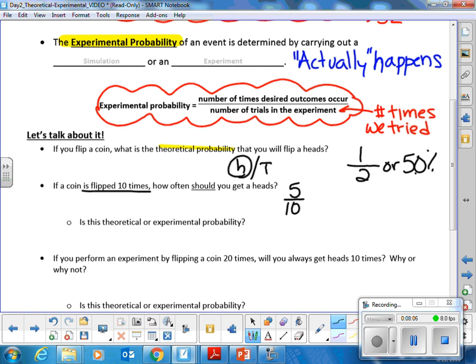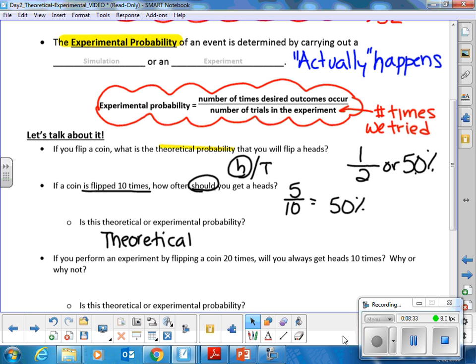It should be 5, because that simplifies to 50% as well. And if it's saying how many times should I get it, it is still theoretical. Even though I flipped 10 times, that's still theoretical because it's not saying out of those 10 times, this is what I got. So that's the difference.